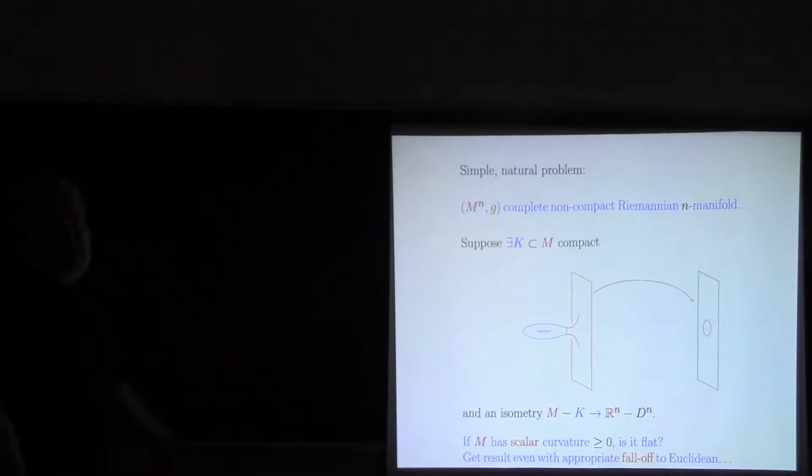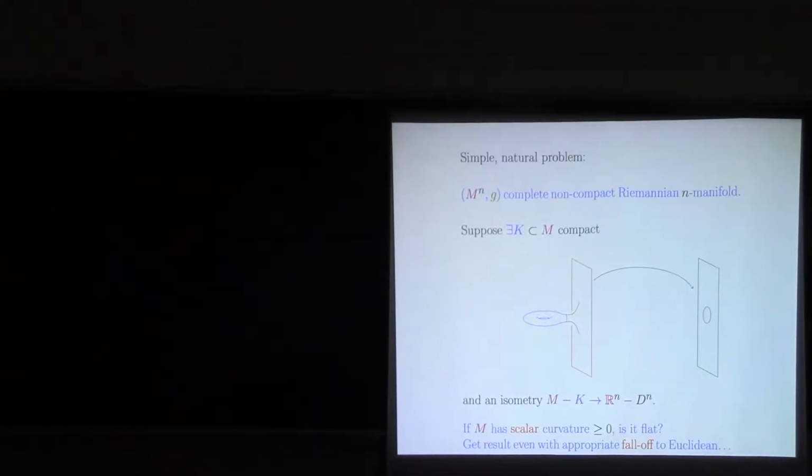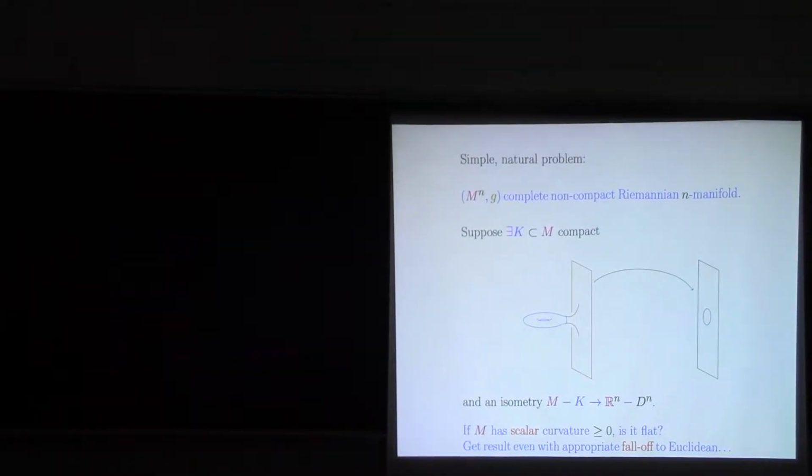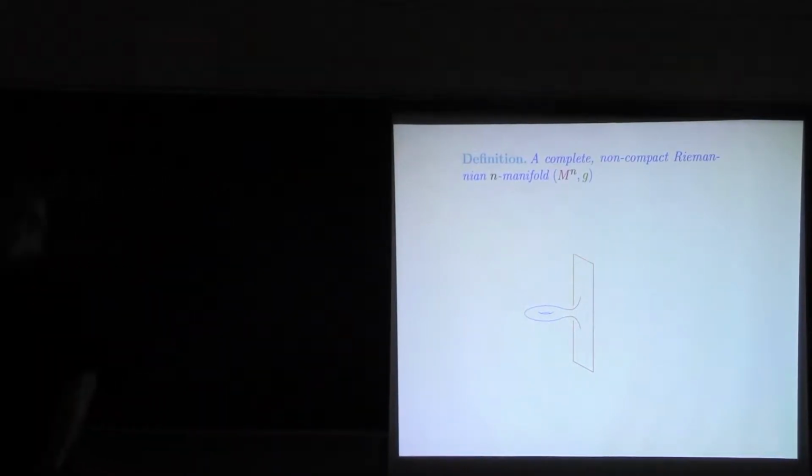But in fact, you don't need this. This works with a much weaker hypothesis. You simply need that the metric falls off to the Euclidean metric at a sufficiently fast rate as the radius gets large. So here's the kind of class of manifolds one works with in this context.